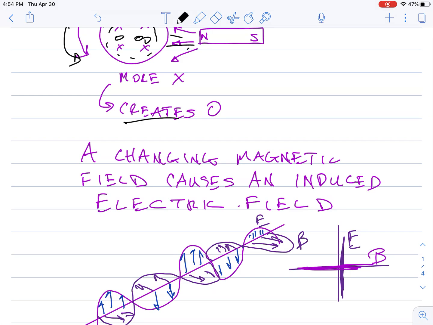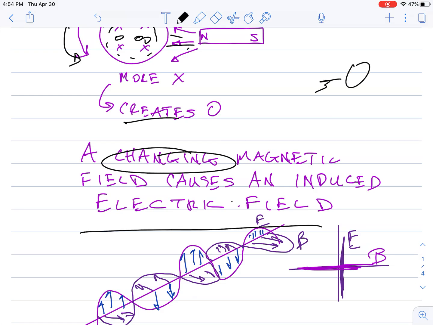So here's what's important, and this is going to be the key. If you change a magnetic field, then this creates a change in the electrical field. One of the great mysteries, if you look at the history of science, was how energy got from the sun to our little rock.